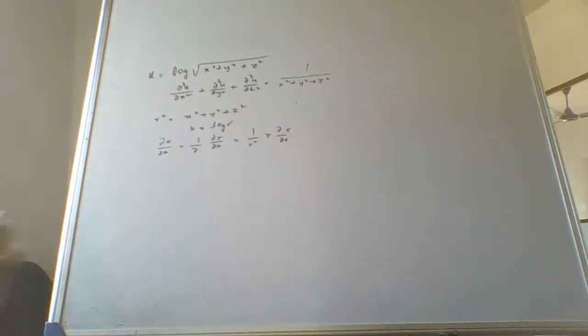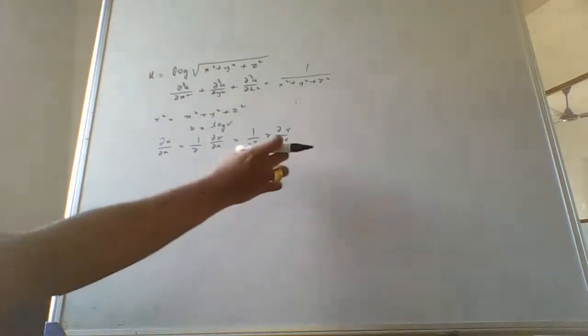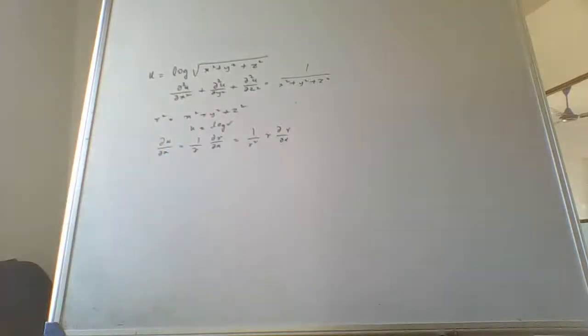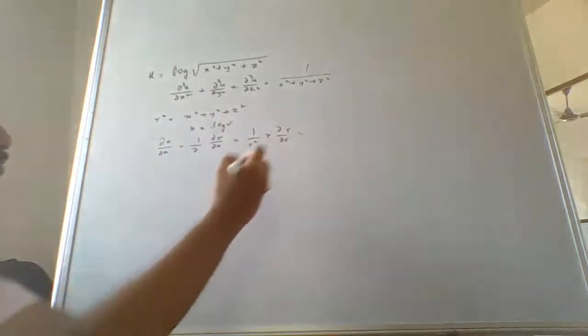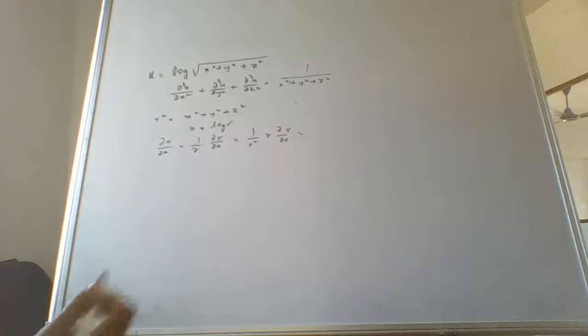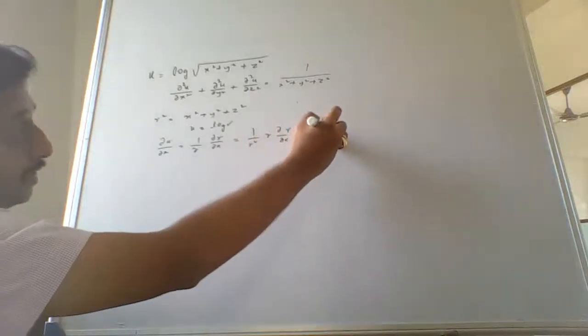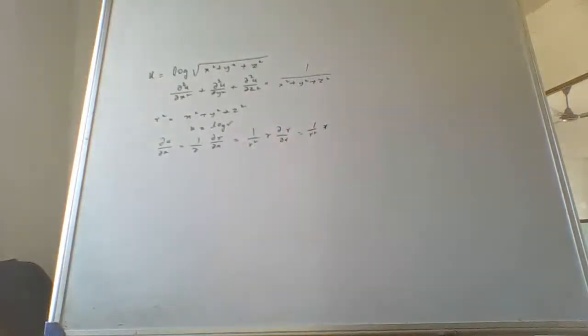I have multiplied and divided by r here. This result we have already done, so that will be dou u by dou x equals 1 by r square into x. I hope you understood this problem.